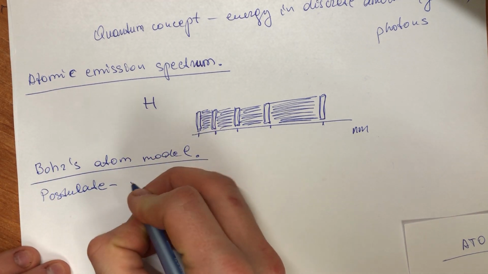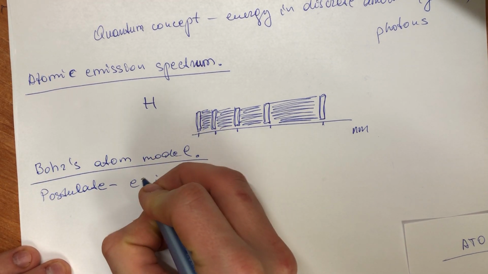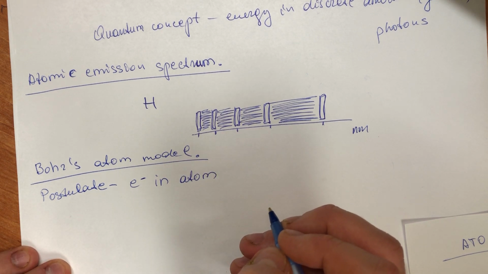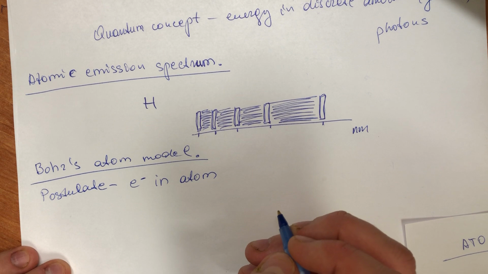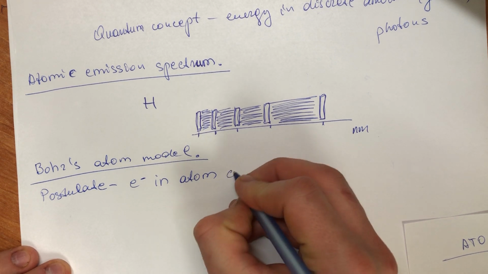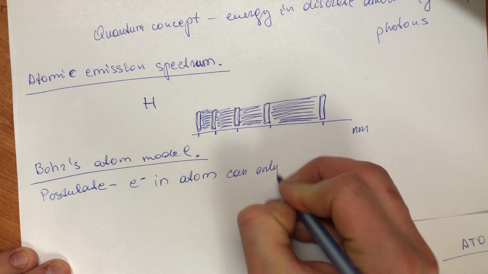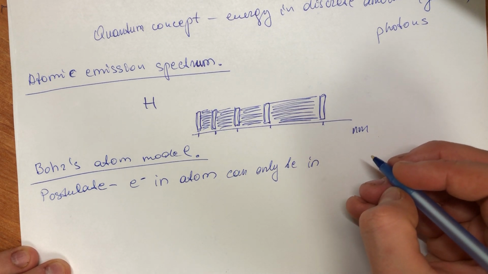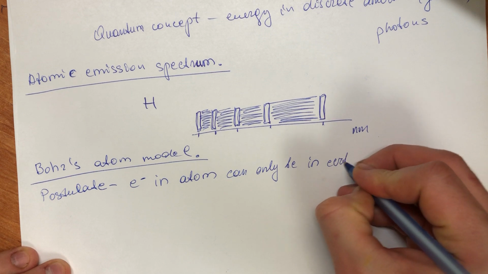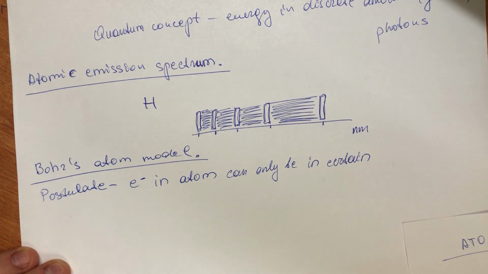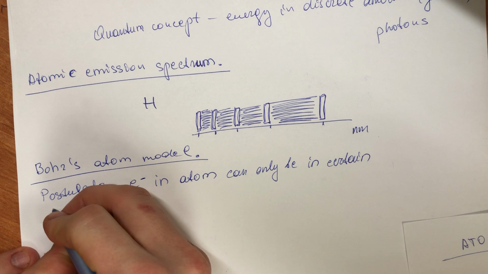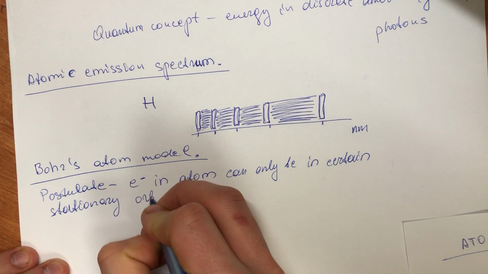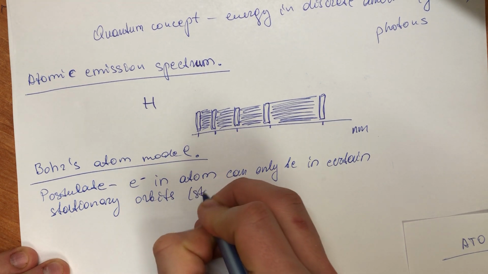Postulate that electrons in an atom can only be in certain stationary orbits or states.